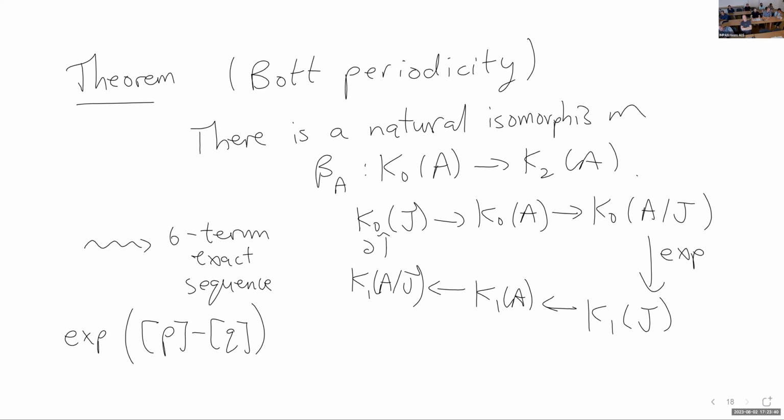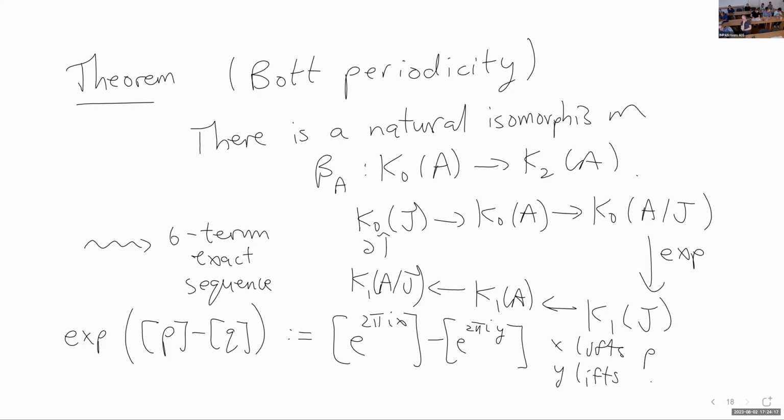So you find some self-adjoint element X in A that lifts P, and some self-adjoint element Y that lifts Q, and you define this to be the formal difference of unitaries, positive unitaries. So this is the class of e to the 2 pi i X minus e to the 2 pi i Y, where X lifts P and Y lifts Q.